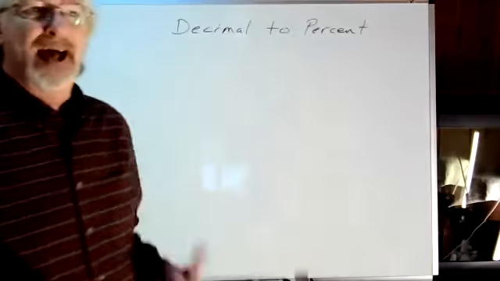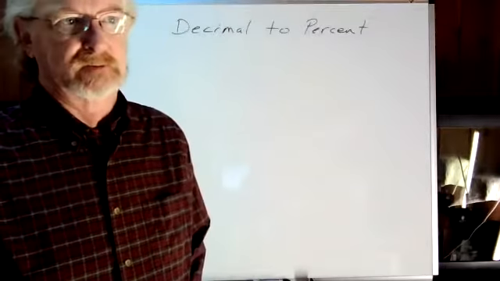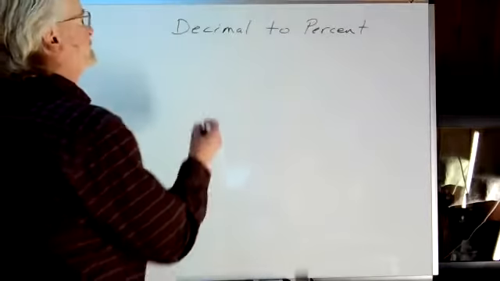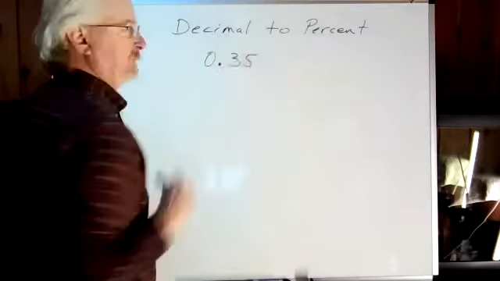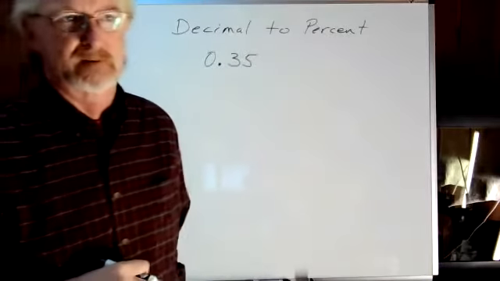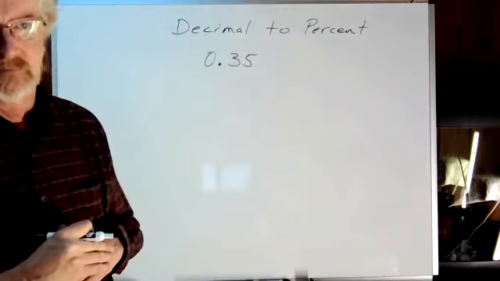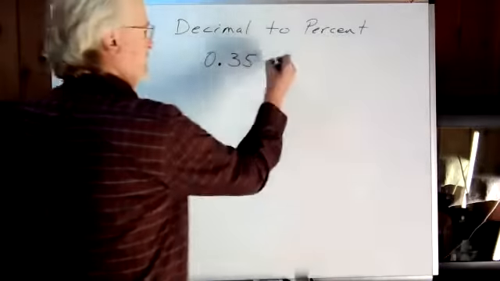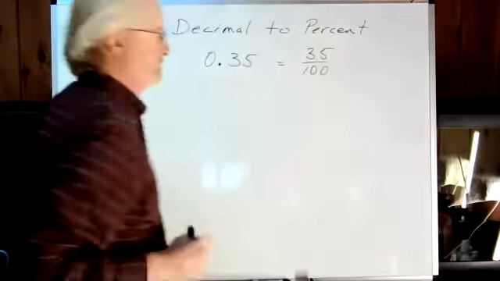First of all, if we have a decimal value, we want to be able to convert it to the corresponding percent value. And so if I've got a number like 0.35, if we read this as the fraction equivalent of that decimal notation system, that's 35 hundredths, right?